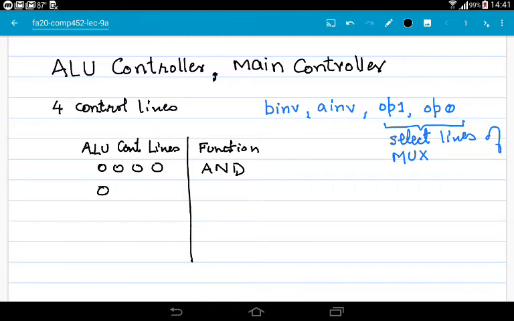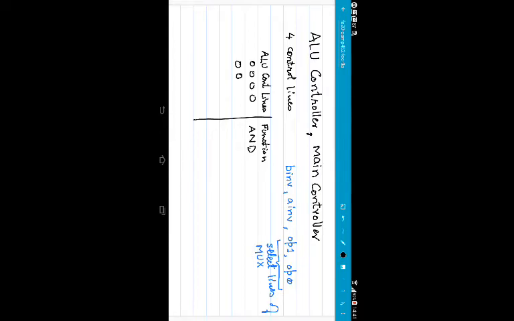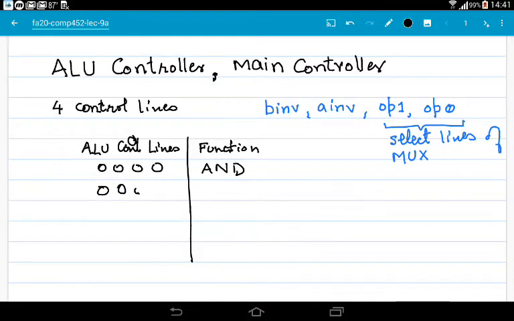If it's 0 0 0 1, then the ALU will perform the OR operation. If the value of the control lines is 0 0 1 0, then we will have the add operation.